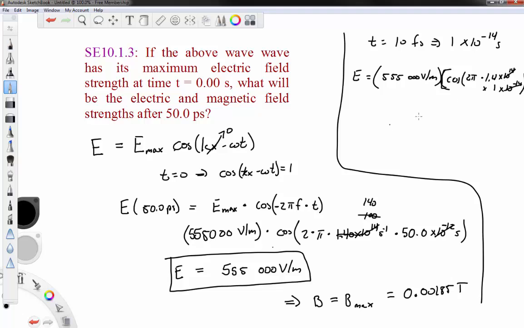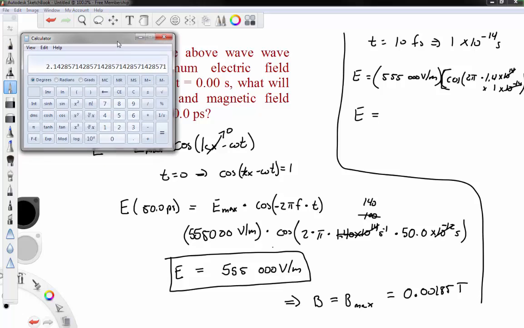So now you're going to have some difference in the electric field. You have in here cosine of 2 pi times 1.4. So whip out your calculator. 1.4 times 2 times pi. And now we need to do basically a cosine of that.